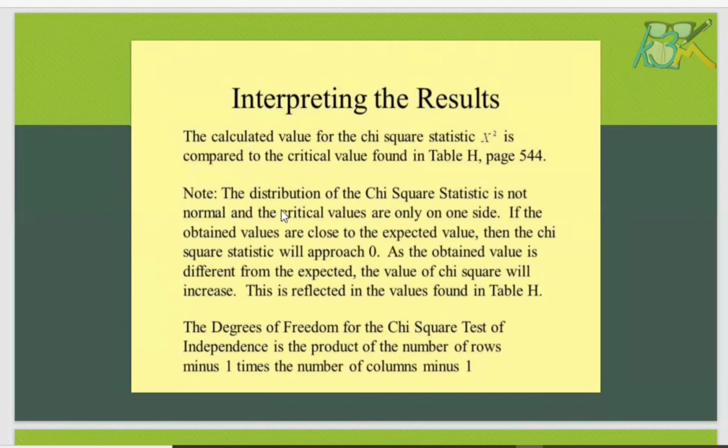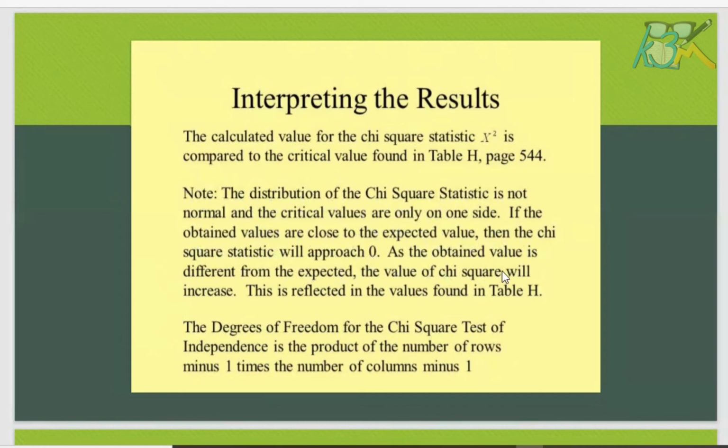So note, the distribution of the chi-square statistic is not normal and the critical values are only one side. Okay? Take note, one side only. If the obtained value is close to the expected value, then the chi-square statistic will approach zero.